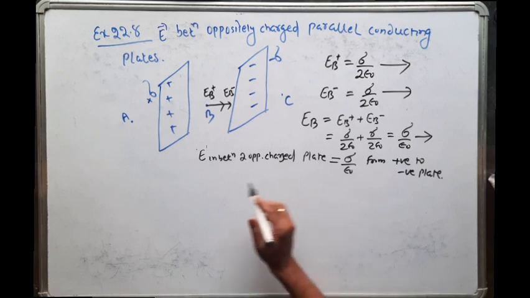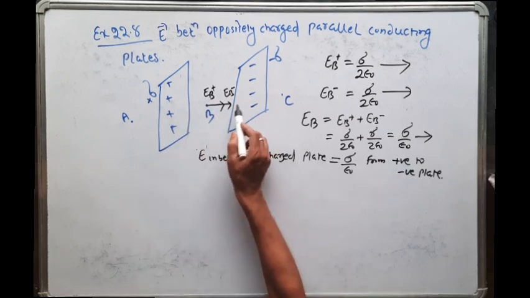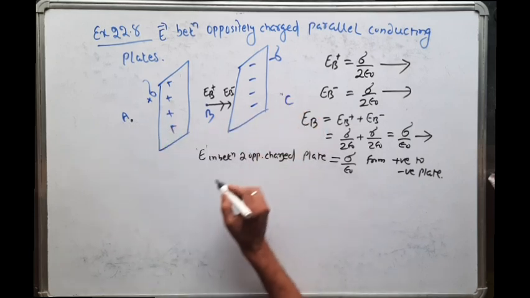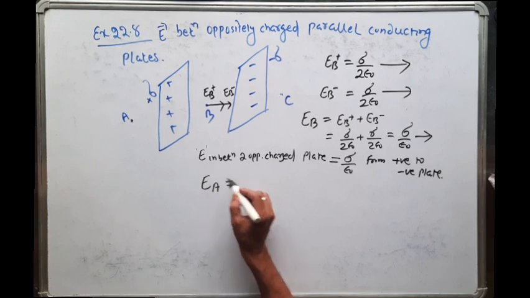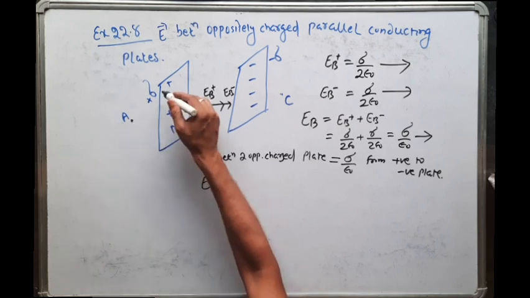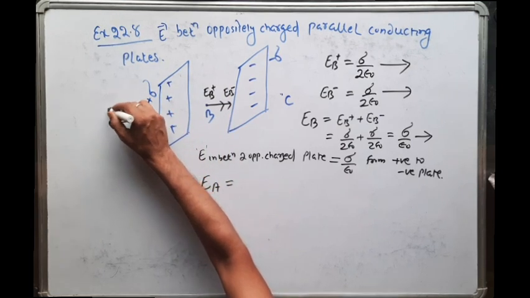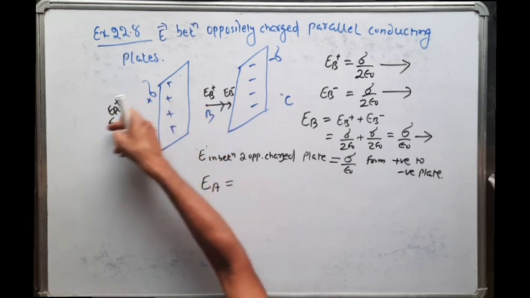Okay. Suppose I want to find the electric field intensity outside of these plates. Outside means which points? A as well as C. So I want to find the electric field intensity at point A. This is the direction of the electric field intensity at A due to the positive plate, because the electric field is always away.